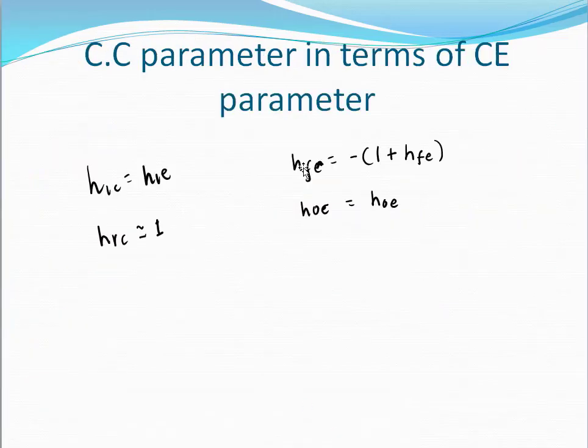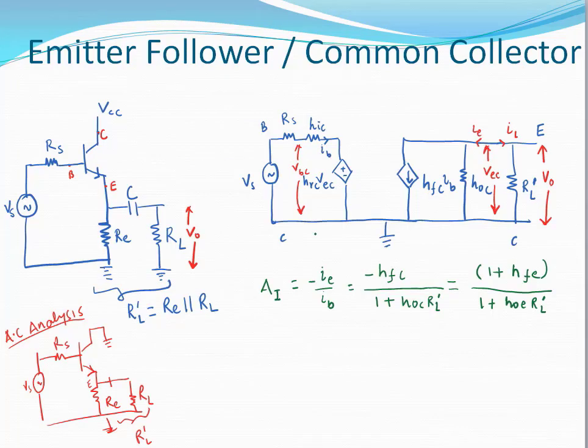This is the conversion formula, and we have already got the value of HFC equal to minus of 1 plus HFE, and HOC equal to HOE, that we have used here. Minus of HFC is equal to 1 plus HFE by 1 plus HOC RL dash, that is nearly equal to HOE.